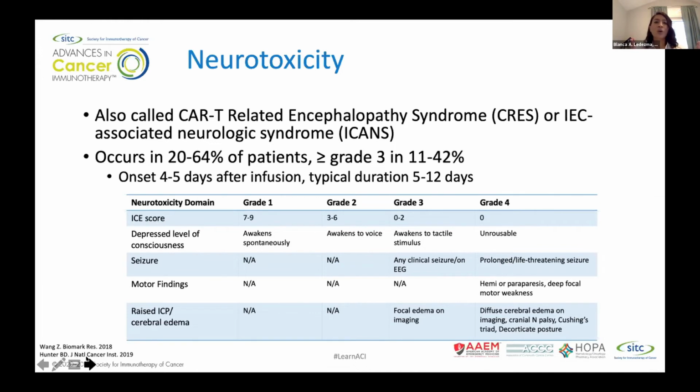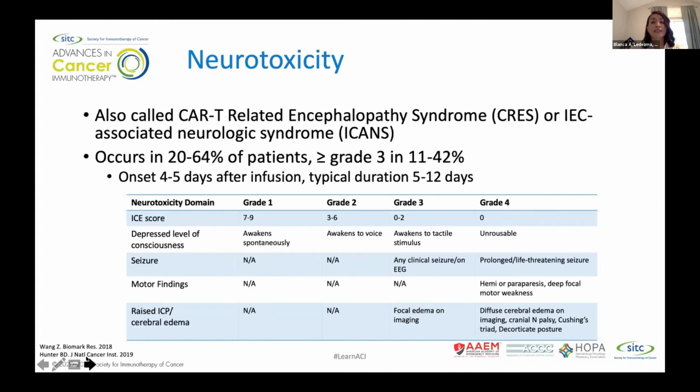So for the I-score, the higher the I-score, the better. If a patient has a grade 1, their I-score is 7 to 9, and they awaken spontaneously. We really do nothing. At a grade 2, their I-score drops to 3 to 6, and they awaken to voice, and we do nothing. At a grade 3, their I-score drops significantly. It's 0 to 2. They only awaken to tactile stimulation.